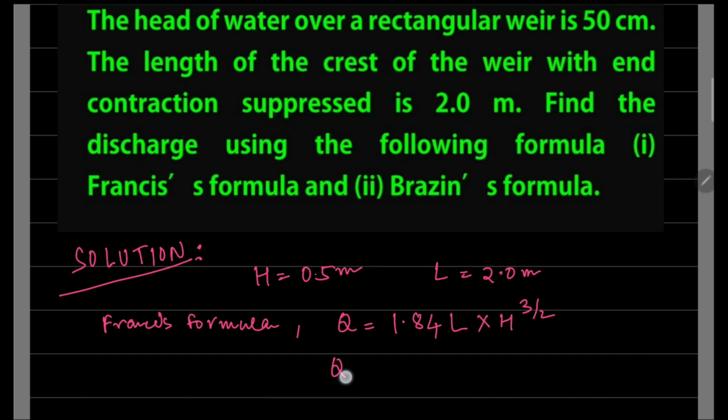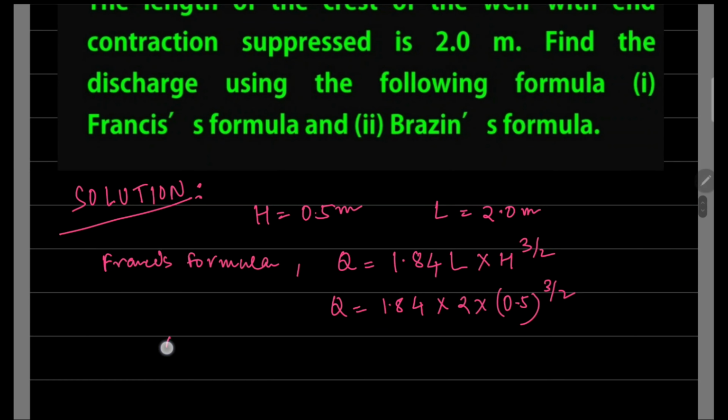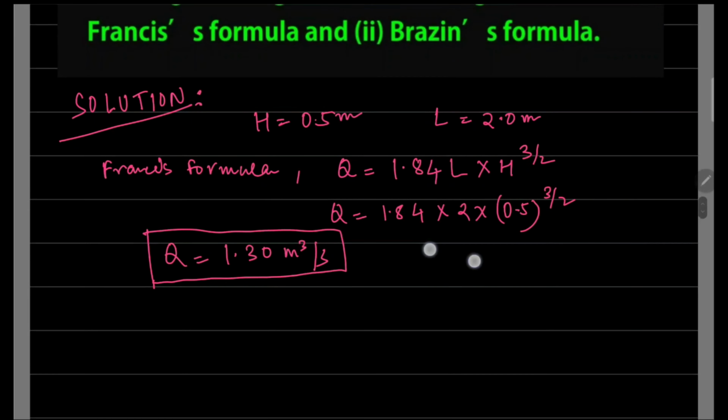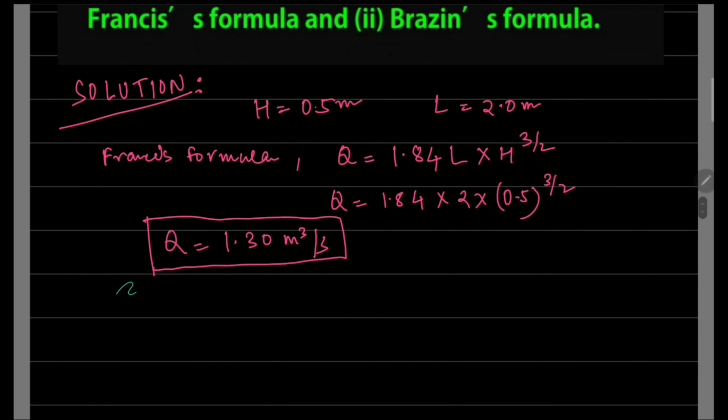So Q will be 1.84 multiplied by L, which is 2, and H is 0.5 raised to the power 3 by 2. If we solve this equation, we will get Q equal to 1.30 meter cube per second. And in the next section, we will solve the same problem using the Bazin formula.